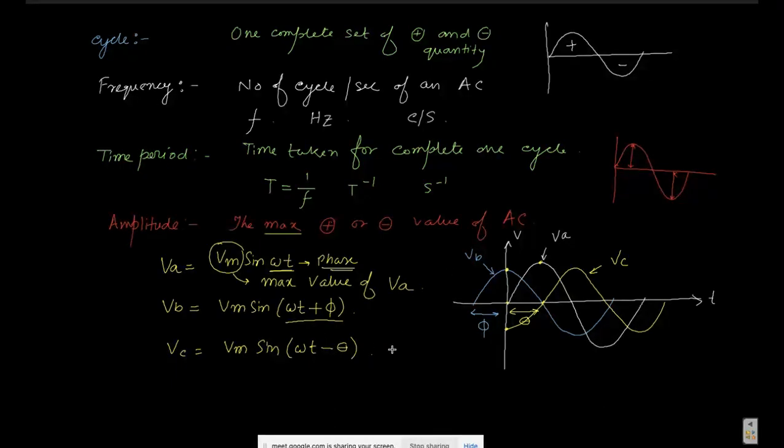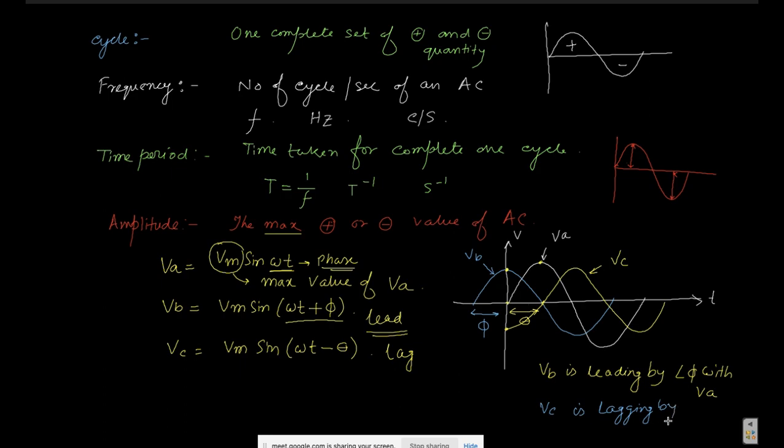Minus represents the lag and plus represents the lead. So we can say that VB is leading by angle phi with VA, and similarly VC is lagging by angle theta with VA.